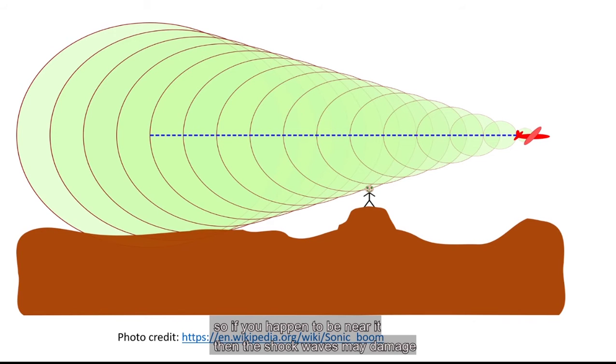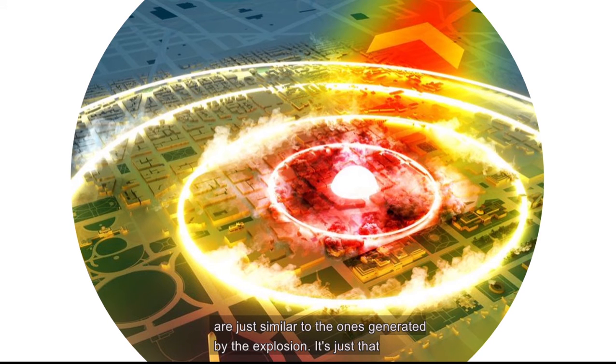So, if you happen to be near it, then the shock waves may damage your bones, your ears, and your inner organs. And those shock waves are similar to the ones generated by the explosion. It's just that the shock waves from the explosion, especially like the one in Beirut, can be a lot more powerful.